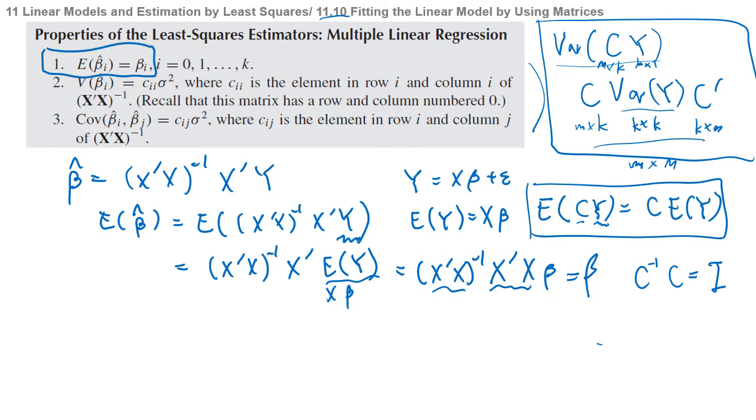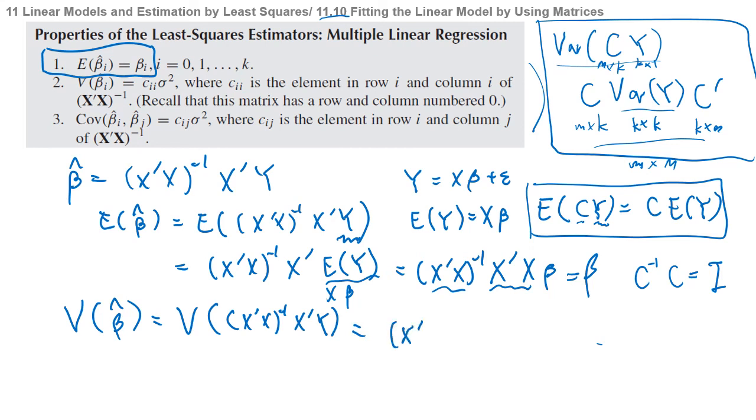And what about the second part? The variance of beta hat is the variance of (X transpose X) inverse X transpose Y. Here C is (X transpose X) inverse X transpose, then the variance of Y, and C prime is X transpose (X transpose X) inverse.